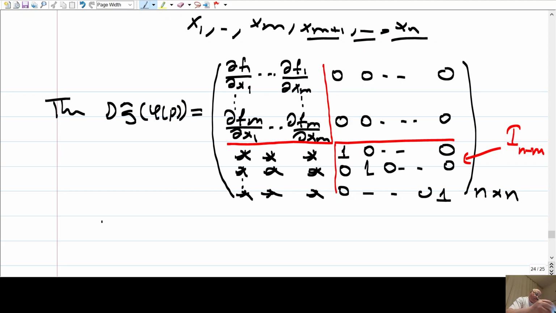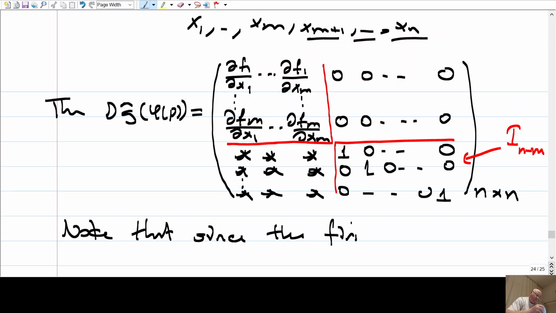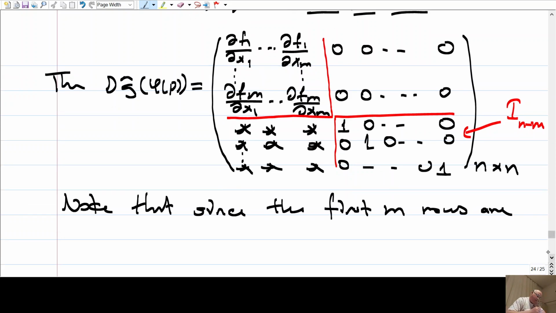Okay. So note that since the first m rows are linearly independent. Why?